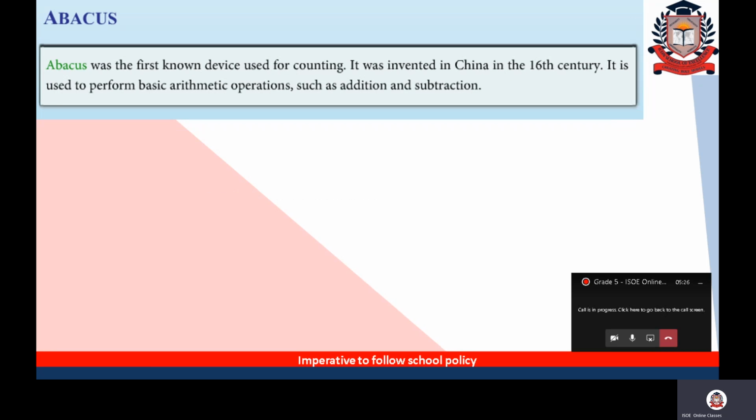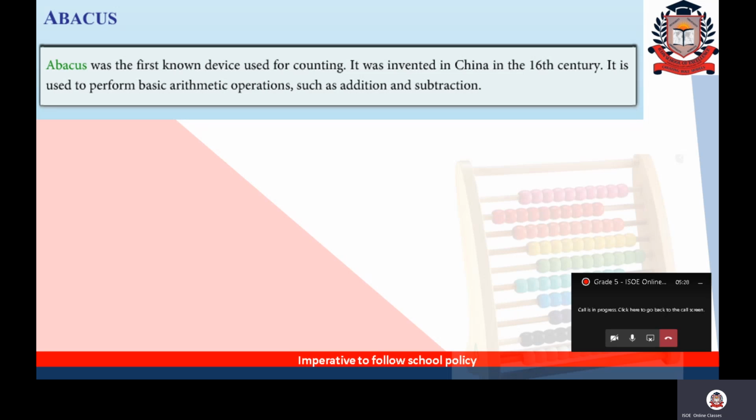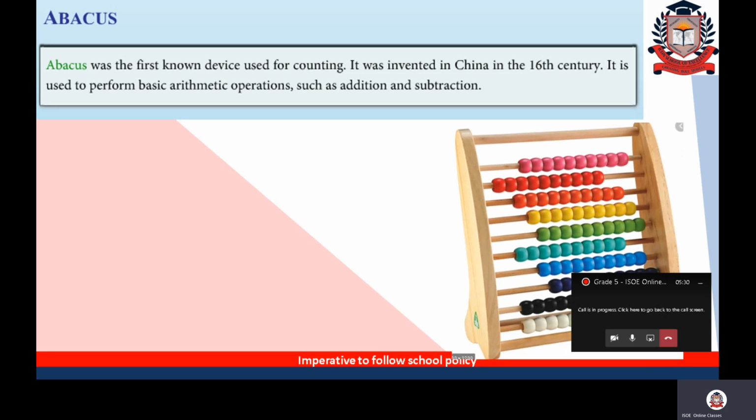Abacus. Abacus is the first known device used for counting. You all remember seeing this? When we were kids, your mother and father might have given it, and you see it in our school also, right? It was invented in China in the 16th century. It is used to perform basic arithmetic operations such as addition and subtraction. You all remember moving the balls, correct?